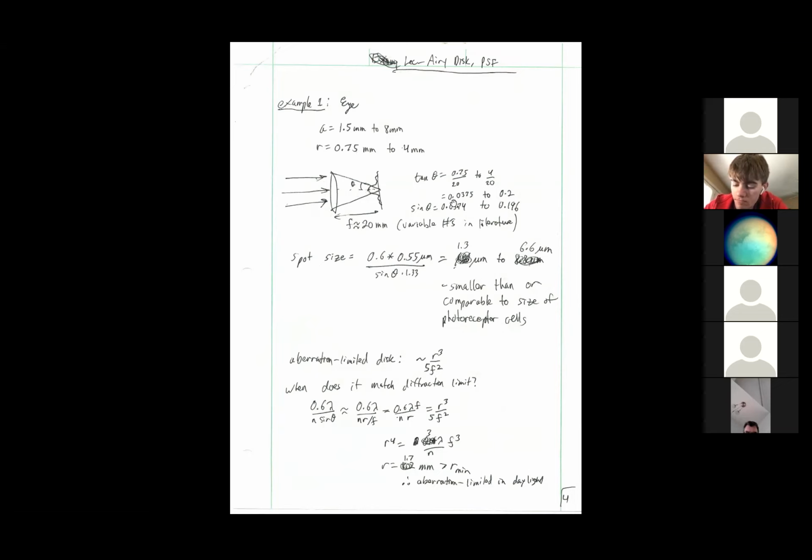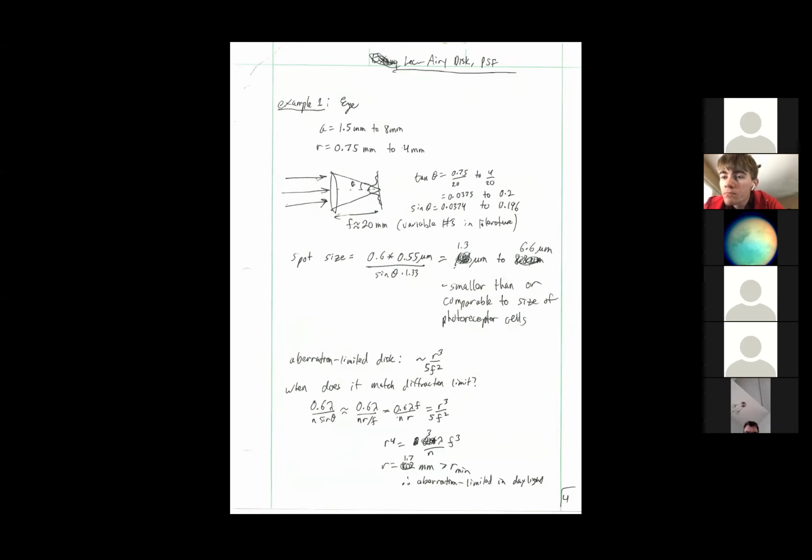So we can compute tan theta, and then we can compute sine theta. And the spot size would be 0.6 times, let's say, the wavelength of light in the middle of the visible spectrum, which is what you're most sensitive to anyway, divided by sine theta and the refractive index of the vitreous humor of the eye.